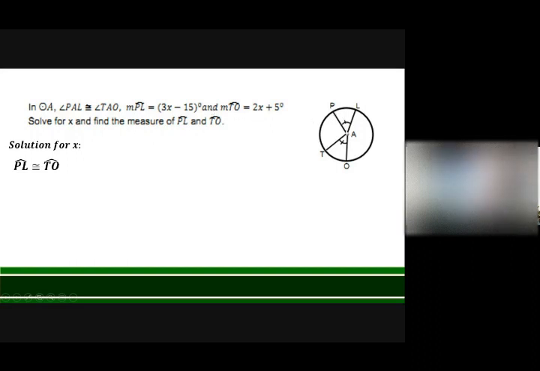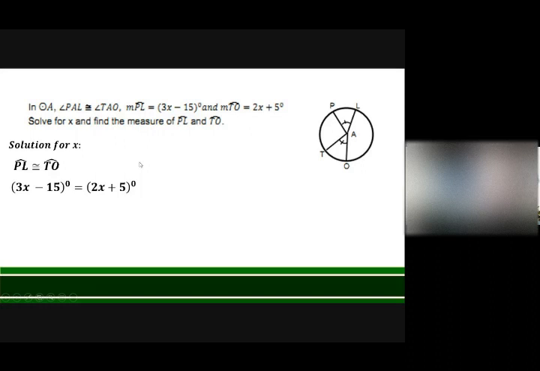And we know that if two central angles are congruent, their intercepted arcs are also congruent. So, dahil yung arc PL ay congruent kay TO, pwede natin sabihin that the value of PL, which is 3x minus 15, ay equal kay 2x plus 5. This is degree symbol. Okay?